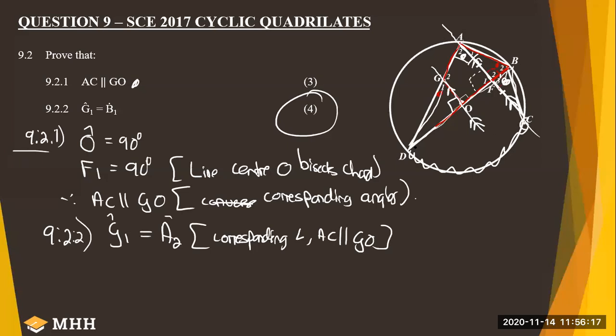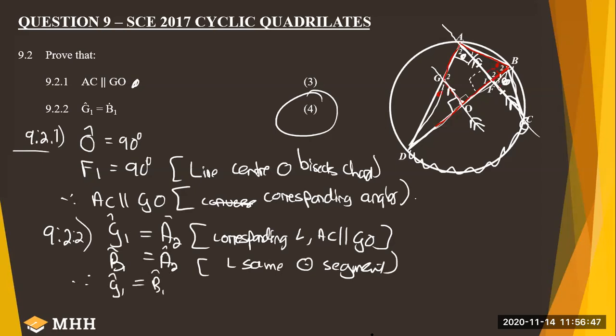You put your finger on C and D, and you go to A and you go to B. So I can also say that A2, I like to write the same angles underneath each other, A2 is equal to B1, angles in the same circle segment. Therefore, G1 is equal to angle B1. All right.